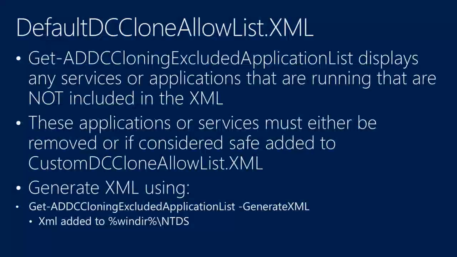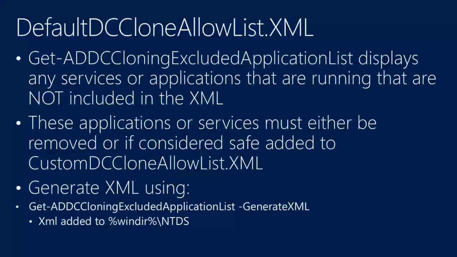This default clone allow list is a list of things Microsoft have checked out and said they're cloneable. So it's all the services that Microsoft know about. If you test and find that it's objecting to something, you can test that particular service yourself to see if it works when you clone it.